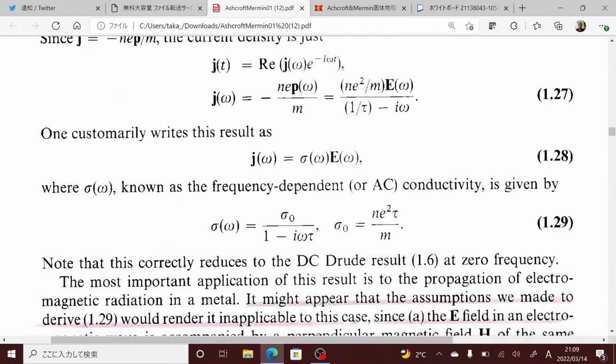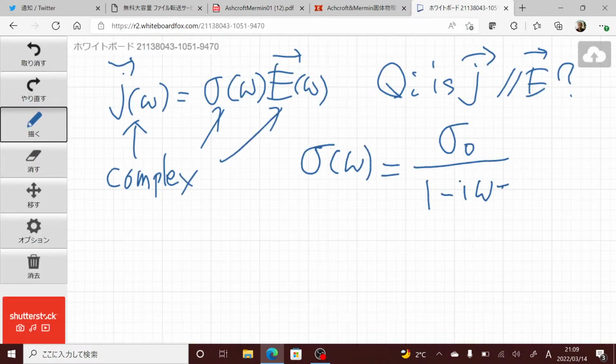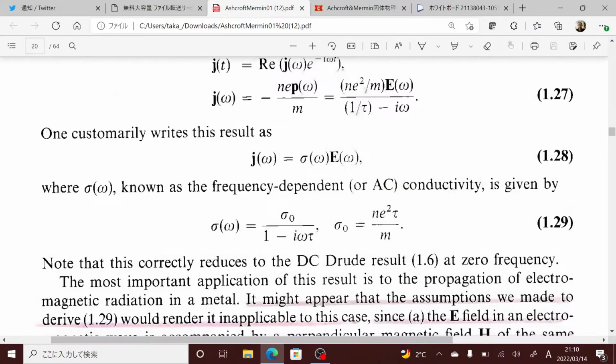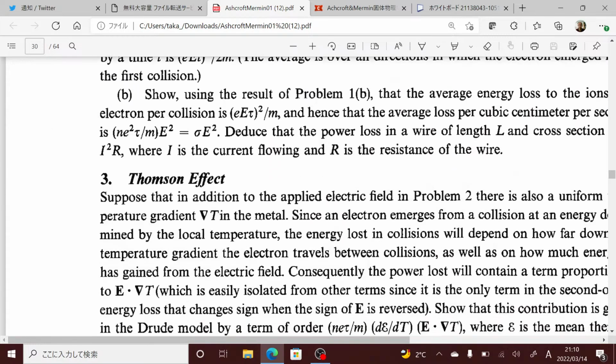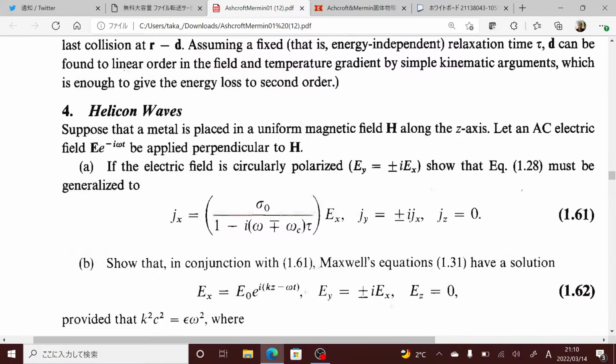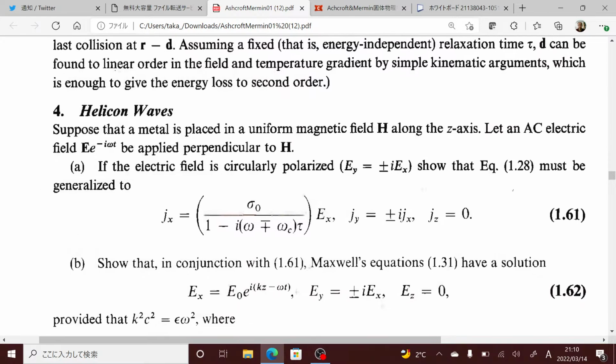Is this the case? Okay, so then I can go to page 30. Omega c. This is complicated.